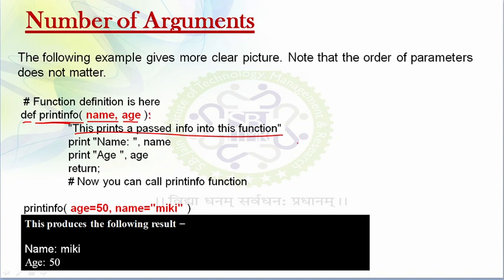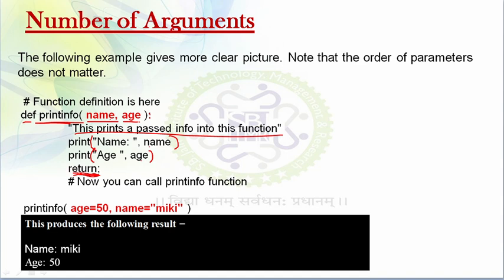Whatever information we are passing to this function, it will be printed. So now I am printing the name as well as the age. After printing the name and age from the variable name and the variable age, it will return. Okay, so it is not going to return any value.